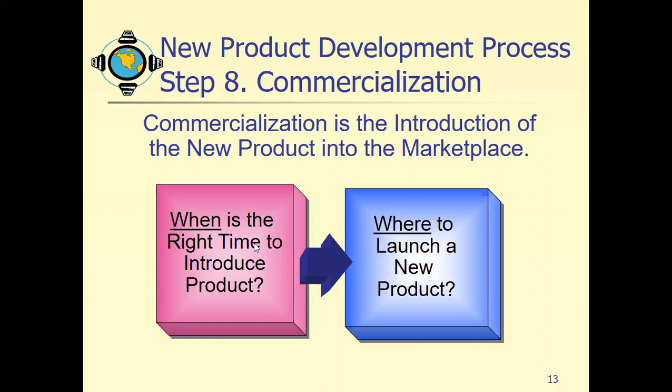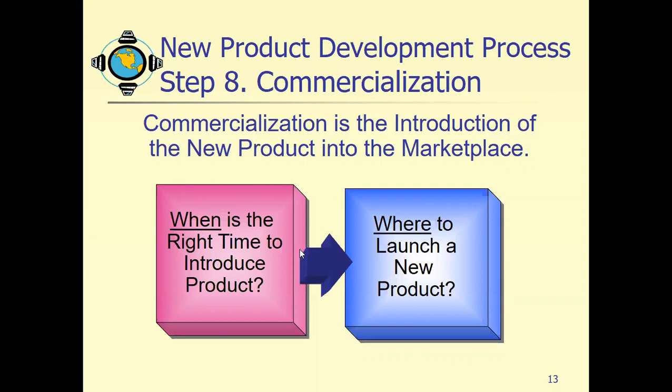Now you have to see when is the right time to introduce the product. You will be surprised to know that in the test marketing phase, a product may be in the market for even more than 2 years. Maybe for around 3 years, one product may stay in the market in the phase of test marketing.